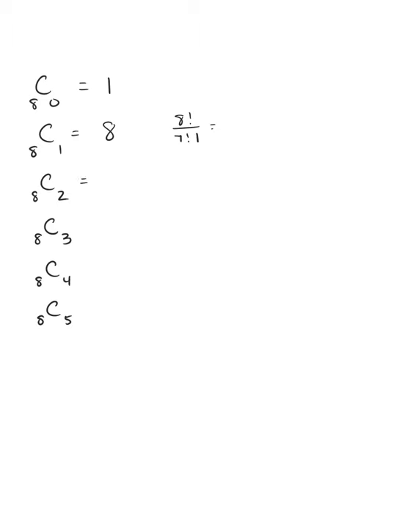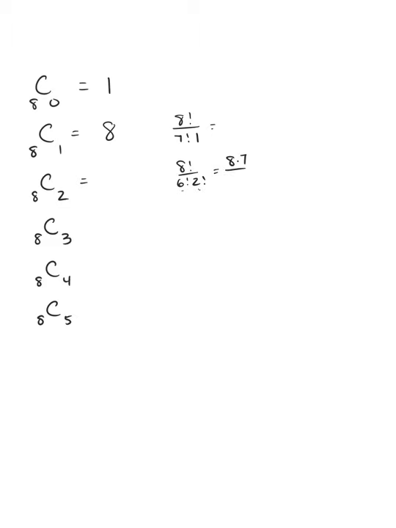So when we get to 8 things taken 2 at a time, it's 8 factorial over 8 minus 2, which is 6 factorial, 2 factorial. So you notice that the bottom numbers always add up to the top number. And here's the interesting thing. I might have mentioned it one time before, but I need to show it again so you can see it.